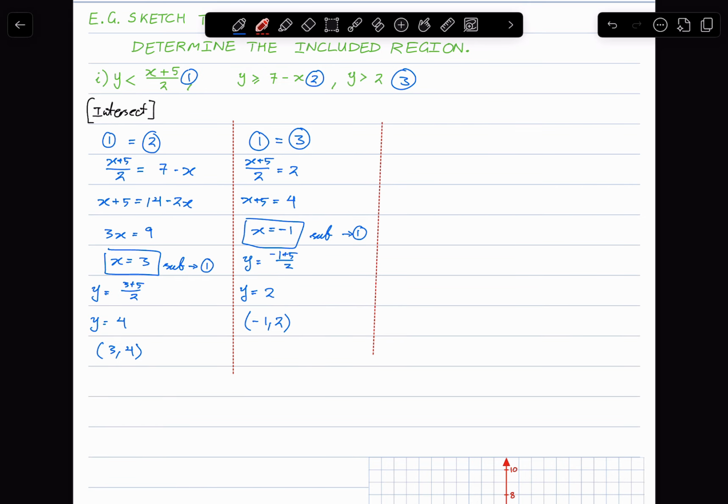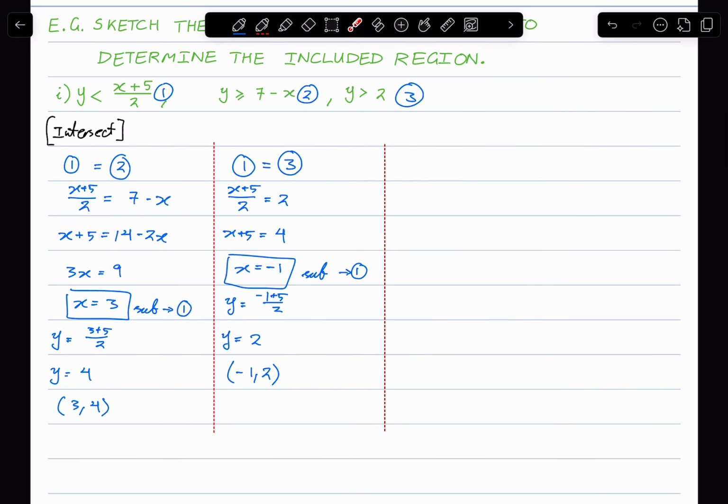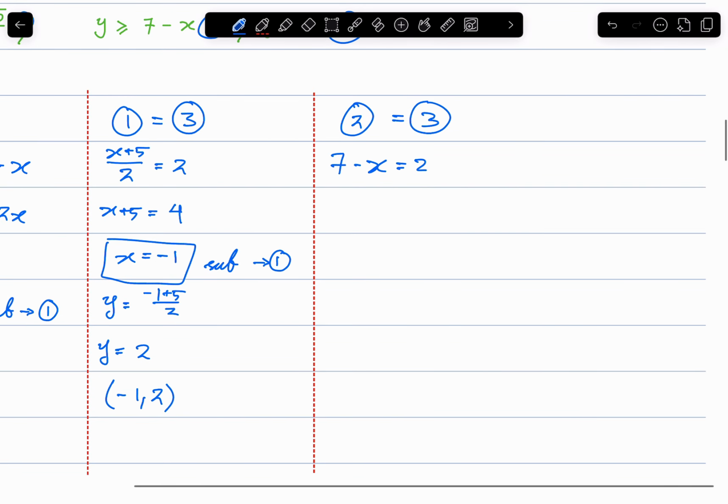And lastly, for our points of intersection, we've done 1 and 2. We've done 1 and 3. We now need to do 2 and 3. So equation 2 equals equation 3. We will get 7 minus x equals 2.